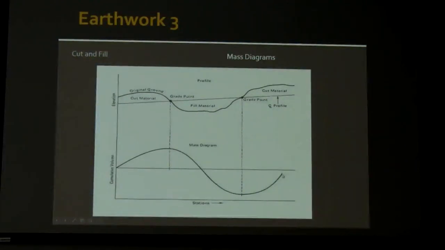So in this particular case, this is not a balanced project. This is what we would call a project where we required more fill than we had cut, and that means that we would have a borrow project. We'd be borrowing from some other source as we go along. Again, this curve is really the slope of the accumulation of all this.